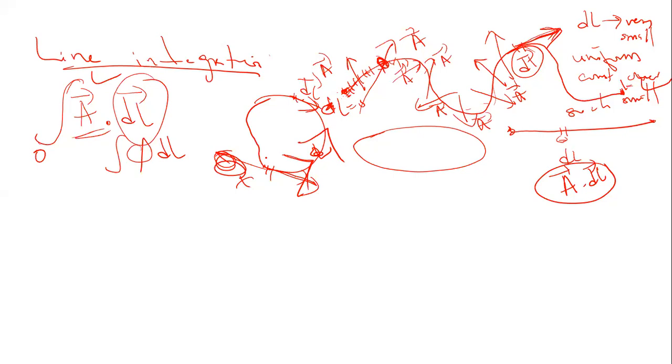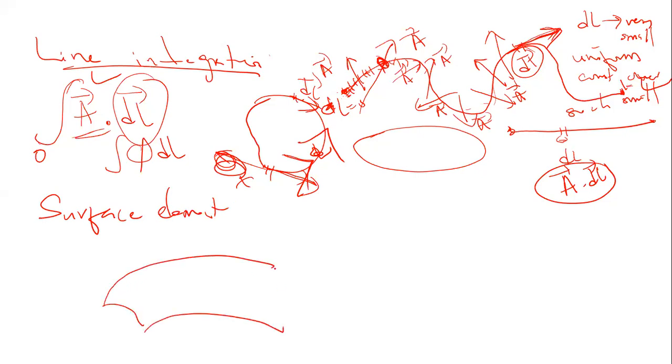And here we also see that there is a term called surface element. If you are going to perform integration over a certain surface like this, it can be a flat surface, a curved surface, or any irregular surface. Also you can perform integration of the vector field over that.